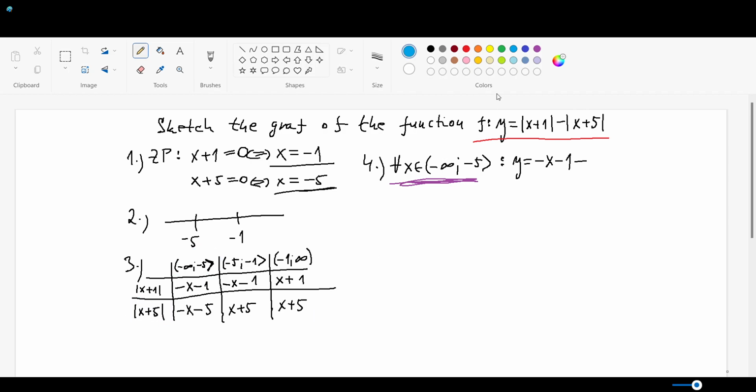So basically you just write into your equation a bracket, because here is a negative sign, negative x or minus x minus 5, which you simplify, and it will become minus x minus 1 plus x plus 5. Okay, so my equation is y equals 4.